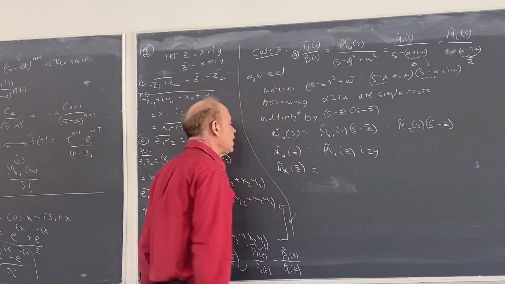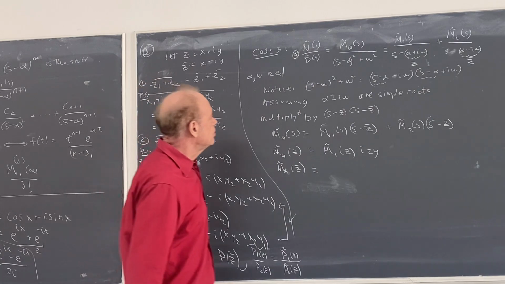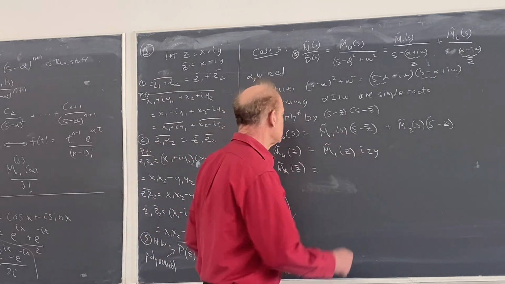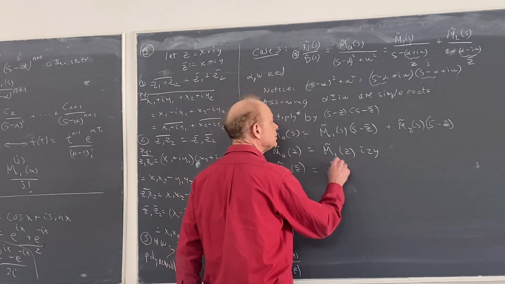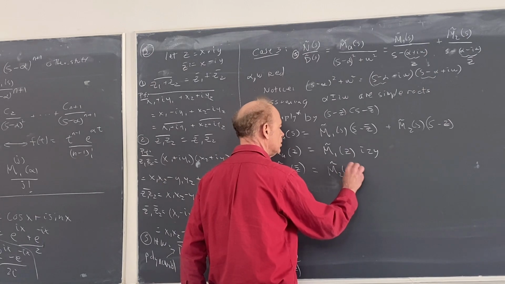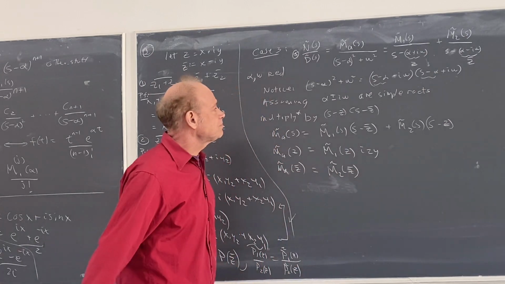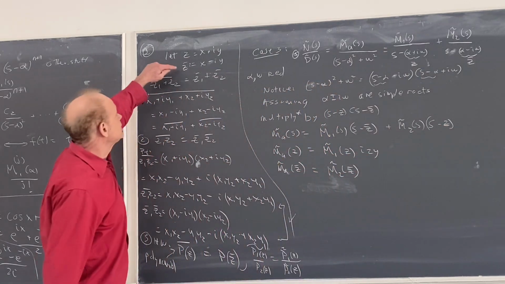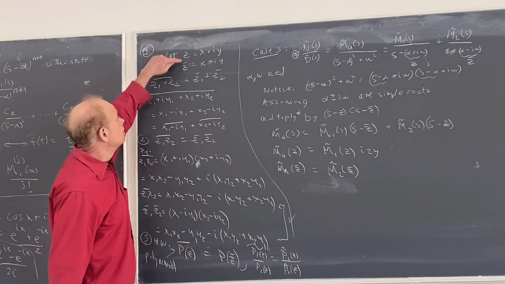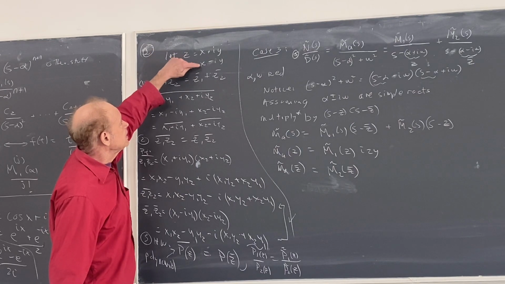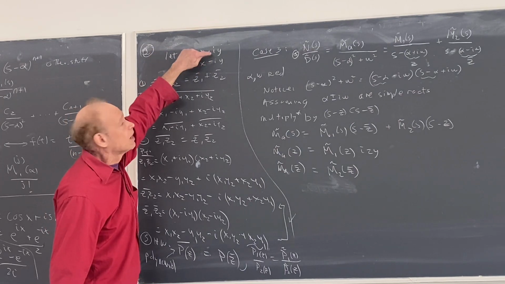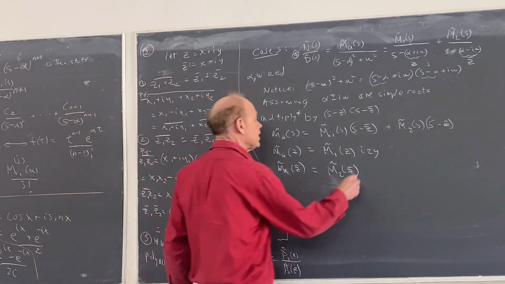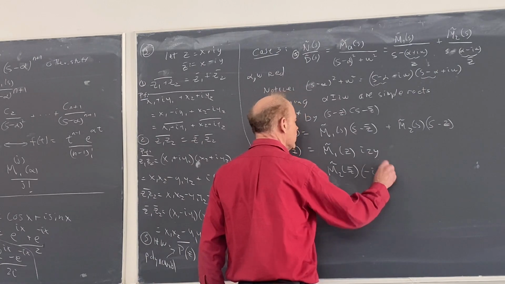And MA tilde of Z bar, well at Z bar this is 0, so I'm left with M2 tilde of Z bar times Z bar minus Z. Well, Z bar minus Z is the other way around. Z bar minus Z, the x's cancel, but I've got minus iy minus another iy. I get minus 2iy.